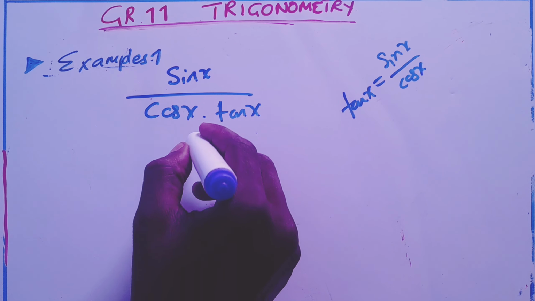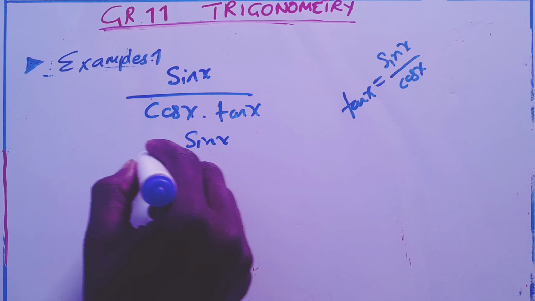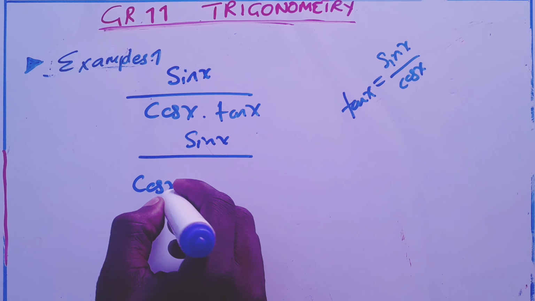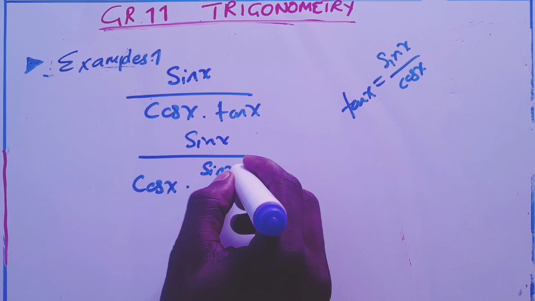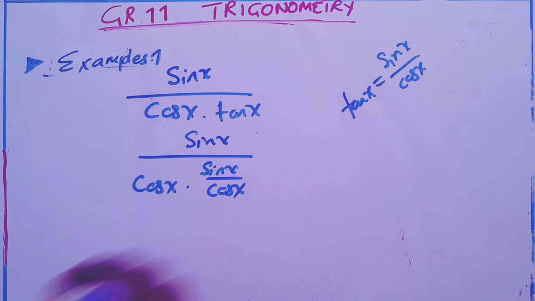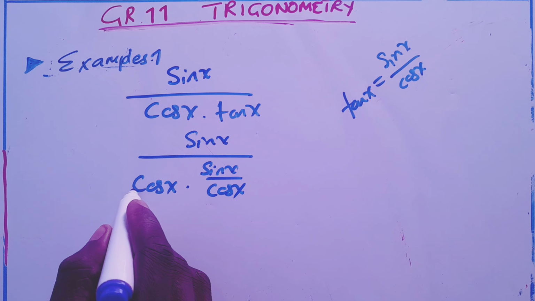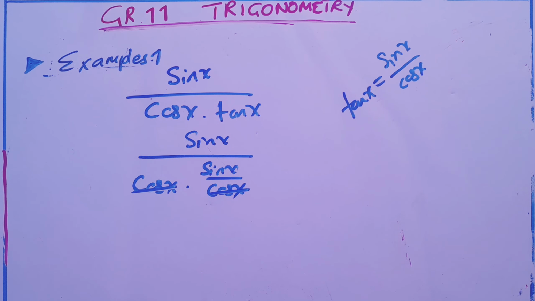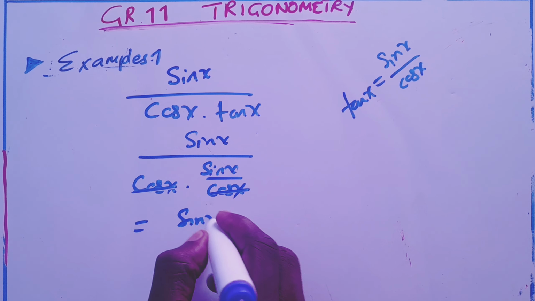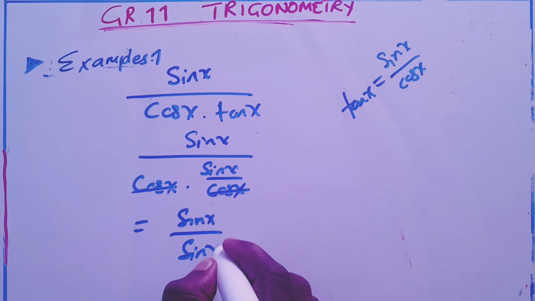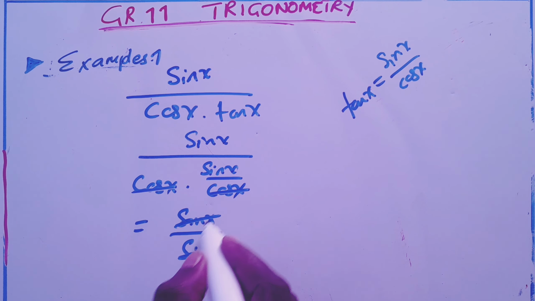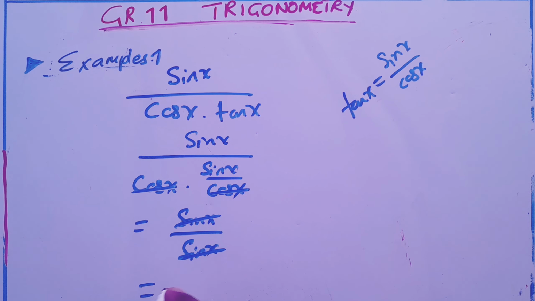So this situation of ours becomes sine x over cos x multiplied by sine x over cos x, right? So it means that now cos x and cos x can cancel out, and we'll be left with sine x over sine of x, which these two can also cancel out, and our answer here is 1. As simple as that. So let's get to the second example.